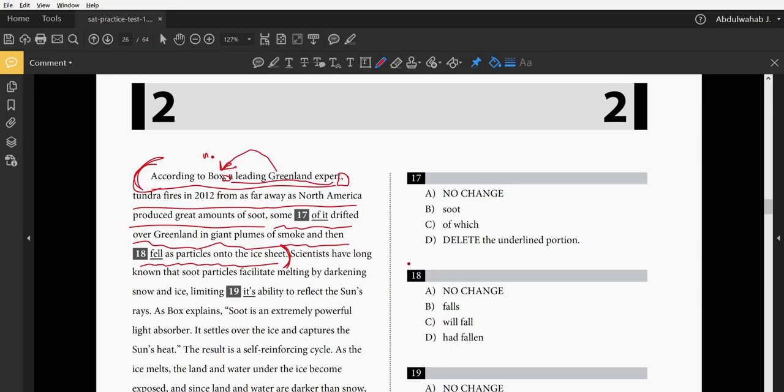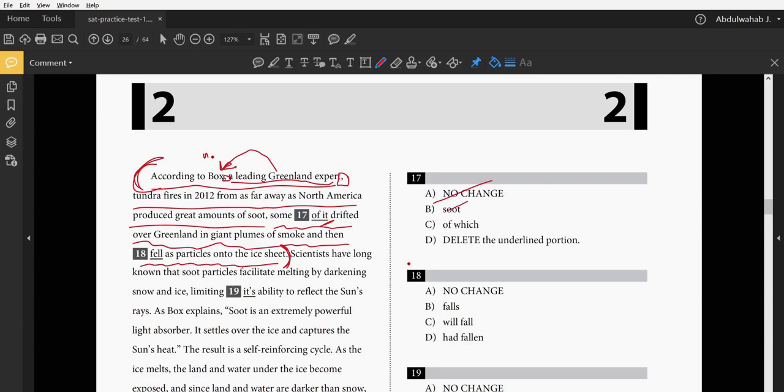So, by saying "some of it," this noun, it, is not exactly a conjunction or a pronoun that would link the 2 sentences together. I need a linking word, so I do need to change it. I need a word that links 2 clauses together.